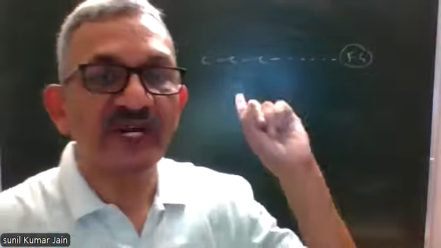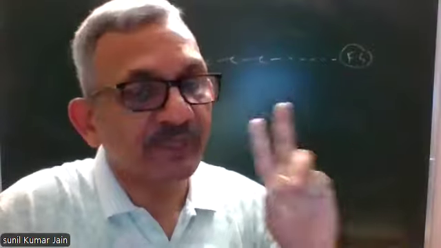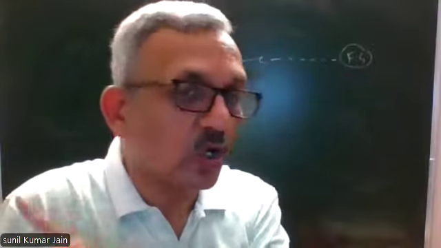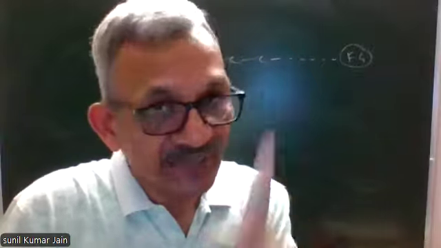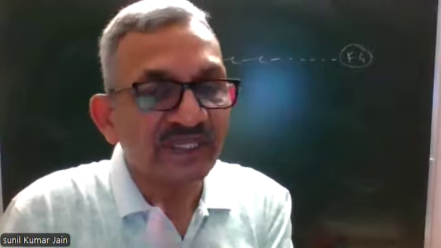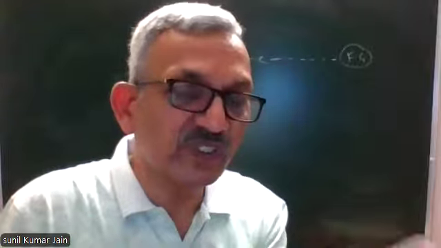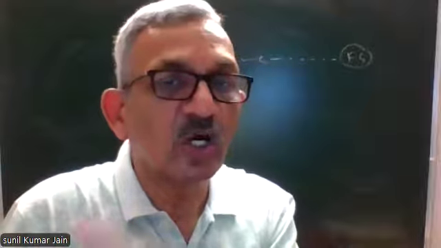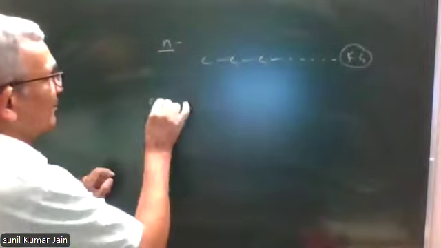I'll repeat. When do we use the prefix normal? Minimum 3 carbon atoms, all arranged in a straight chain, no branch. If there is a functional group at all, that should be present on one of the 2 terminal carbon atoms, not both.